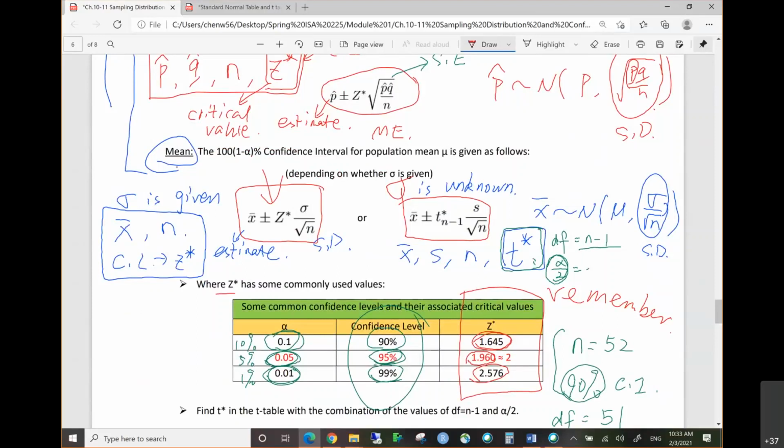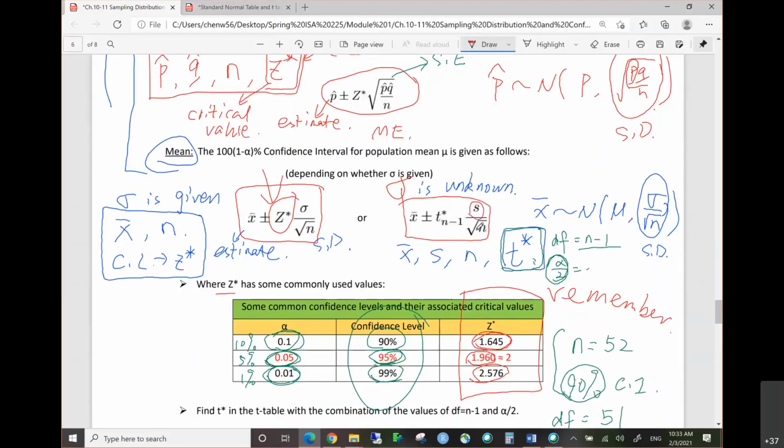Then you have the z star. How do you find this z star? In your mind, right? You need to remember them: 1.645, 1.96, 2.576.